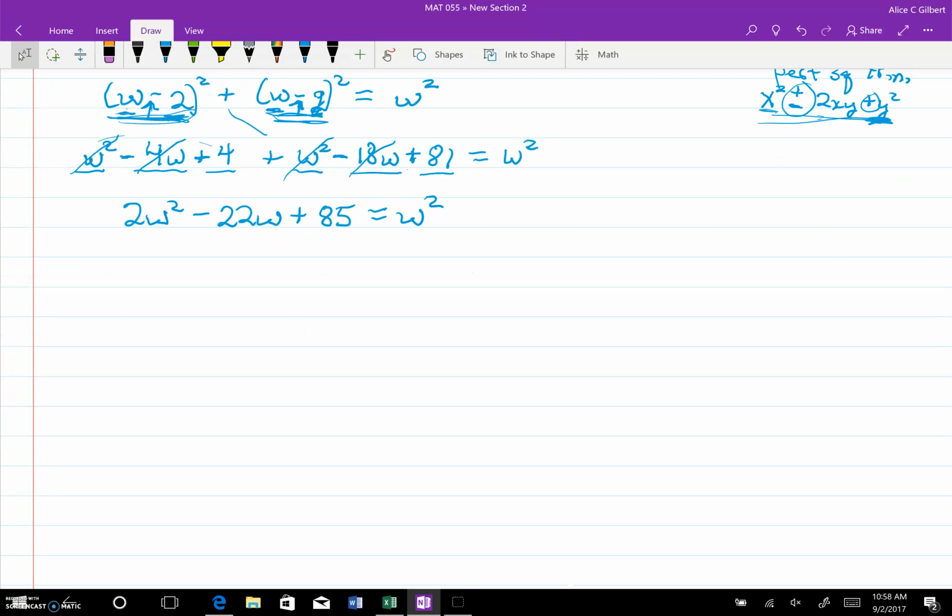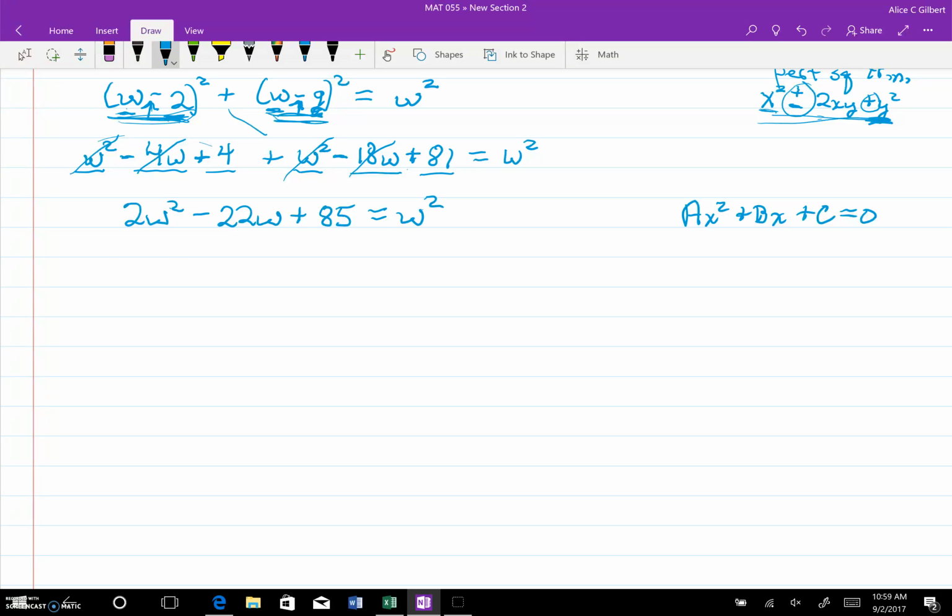Okay, so now I've got a quadratic equation because I've got squareds here. Standard form of a quadratic equation, ax squared plus bx plus c equals 0. And now that means I need to get it into standard form.